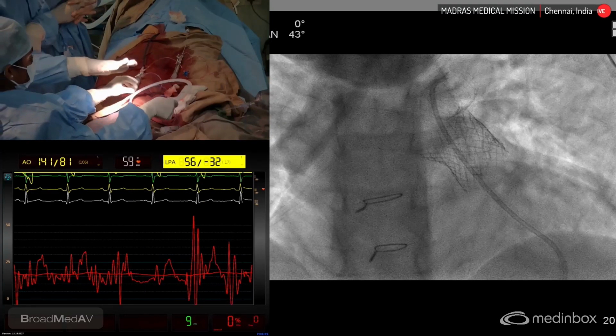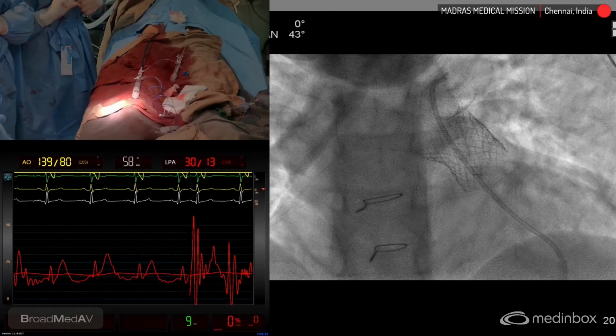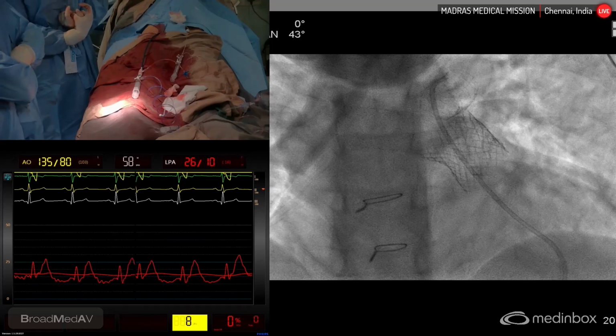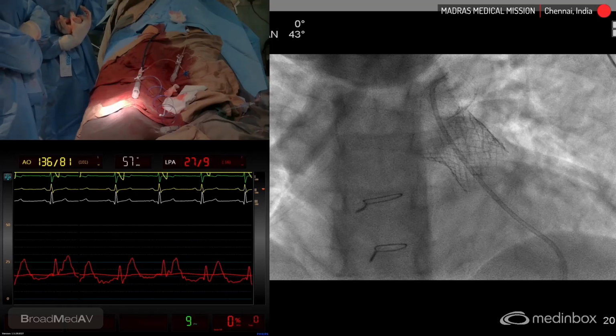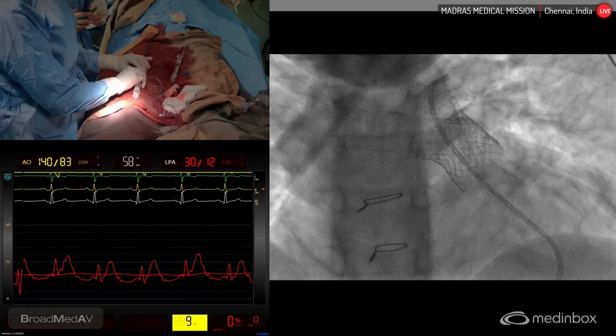Okay, that is the left pulmonary artery. So the pressures are almost around, this is between 25 to 30 millimeters of mercury. It's crossing the 25 line and just below the 30 line. So between 25 to 30.